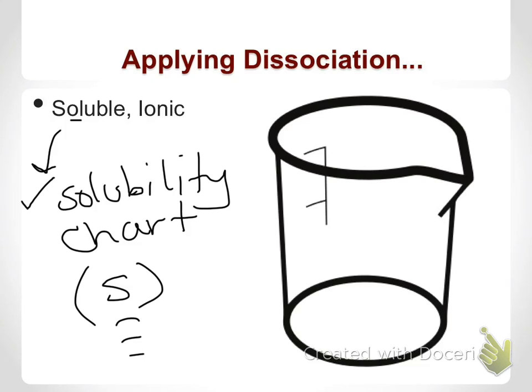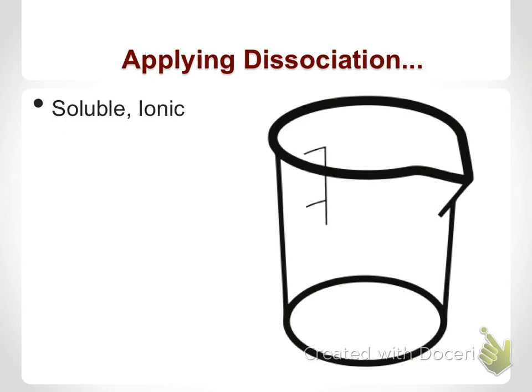So if you have a soluble ionic compound, let's take this beaker here and apply what that would look like in solution. We talked about this a little bit on Friday. So let's take, for example, let's do sodium. And one thing you can notice about your solubility chart is that all sodium compounds are soluble in water.